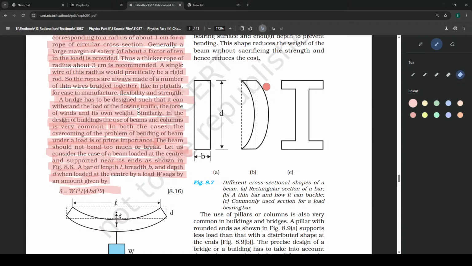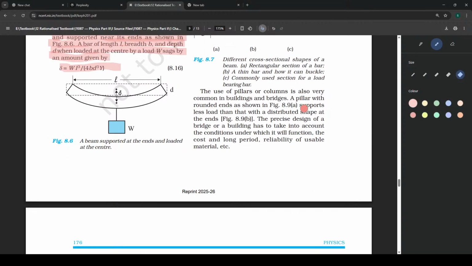Let us consider the case of a beam loaded at the center. Basically, there is a beam and there is a load at the center. This is the beam, and this is the center of the beam.